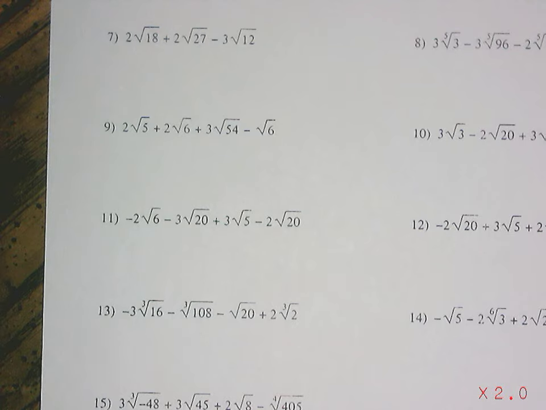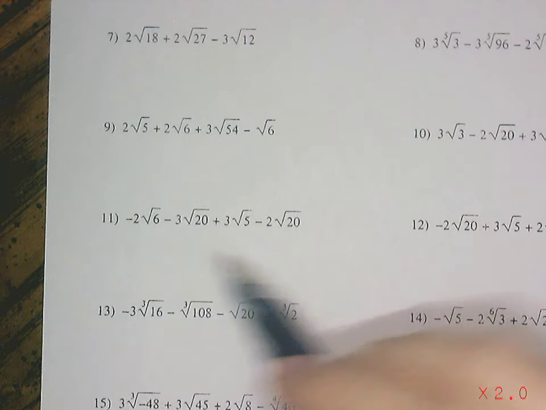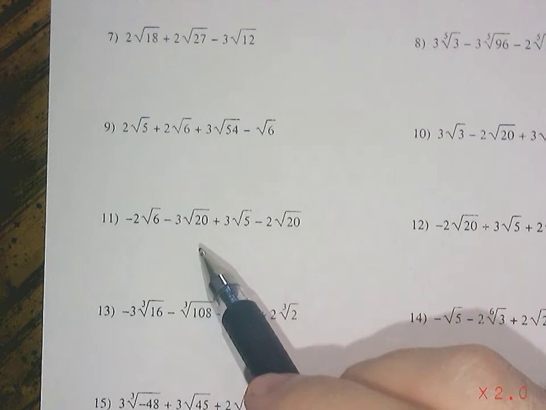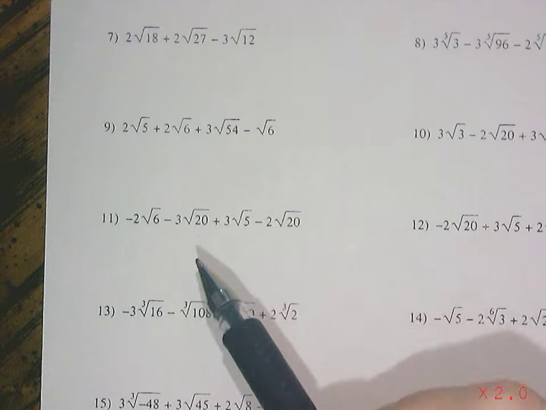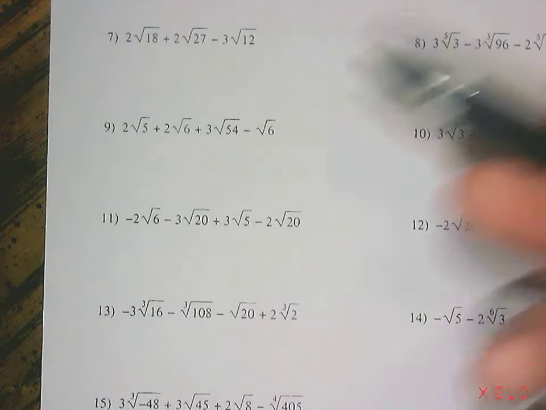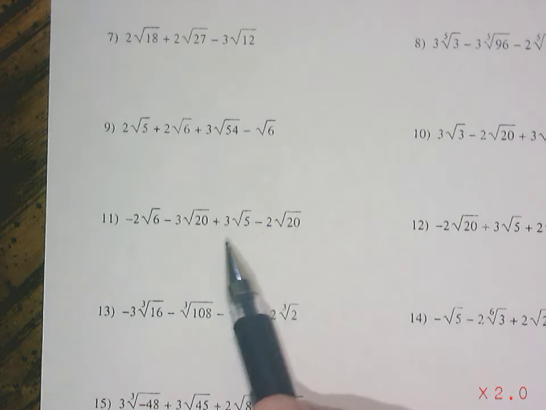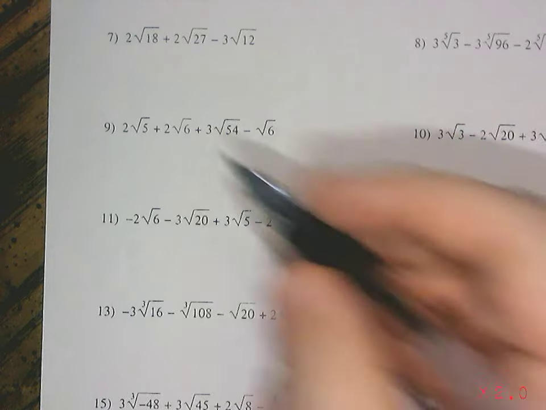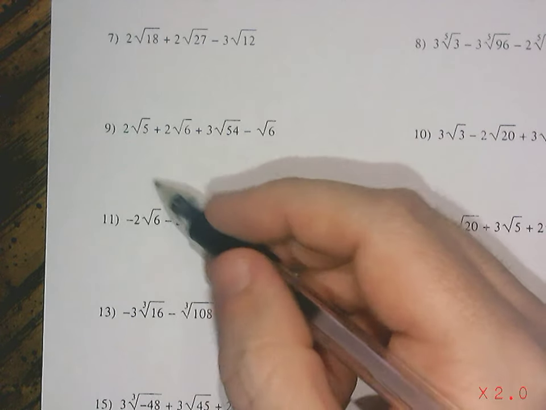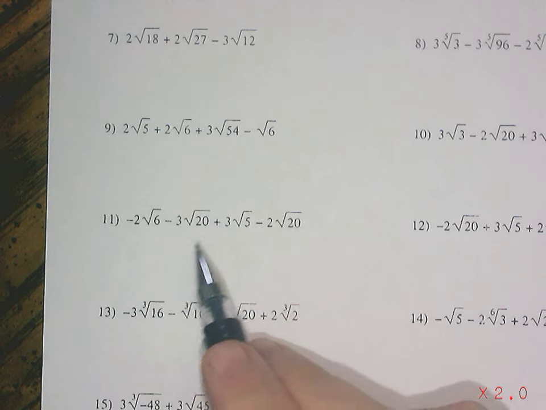So number 11, I want to get these to where I can actually combine them. Now, the issue with number 11 here is this 6. It doesn't really have anything it can take out, and none of these others have multiples of 6. So this is going to be one that just kind of stays there. There's nothing to combine it with. Okay, but these others I can simplify.